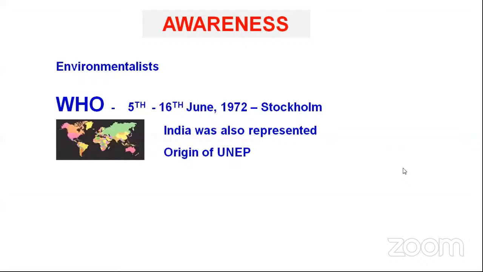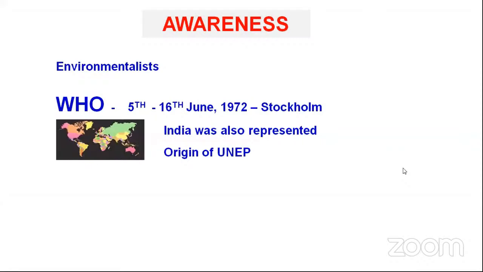Such big episodes and big tragedies should not happen. We will have to control that, and all our environmental studies gear us to be guarded, to not create such havoc and such bad incidents. So for this reason, the Stockholm conference was held between the 5th and 16th.